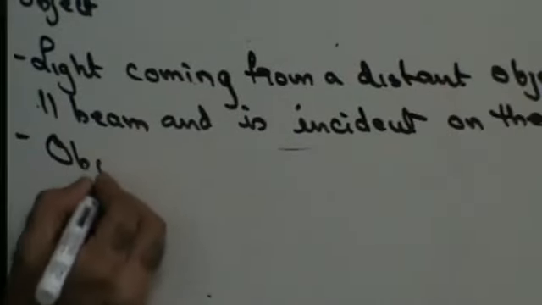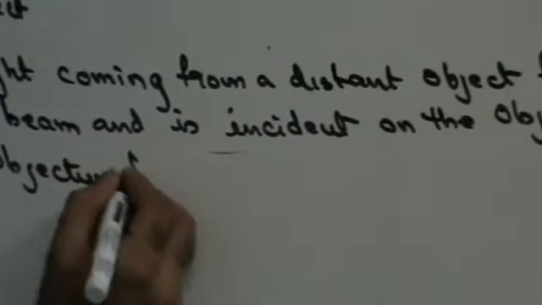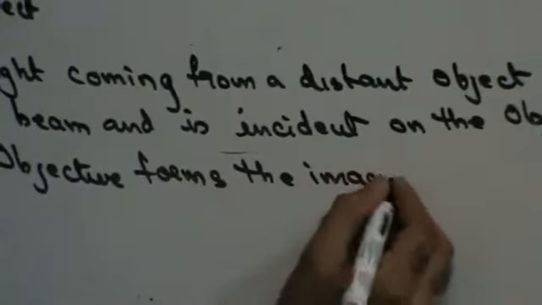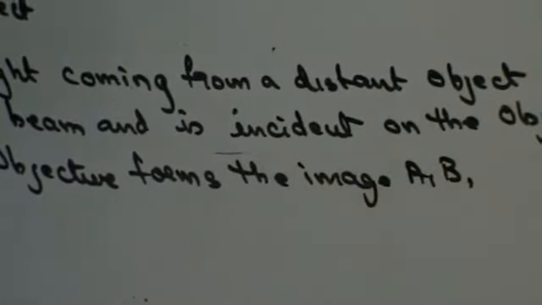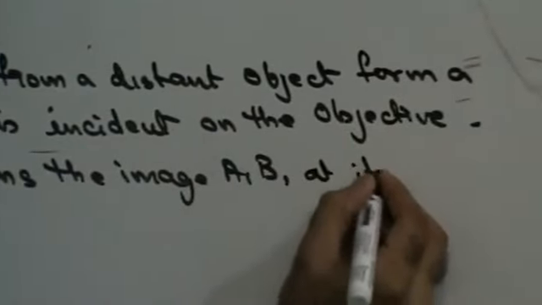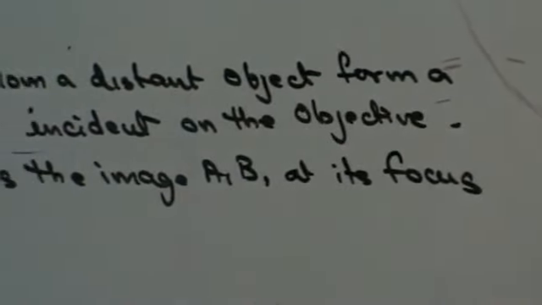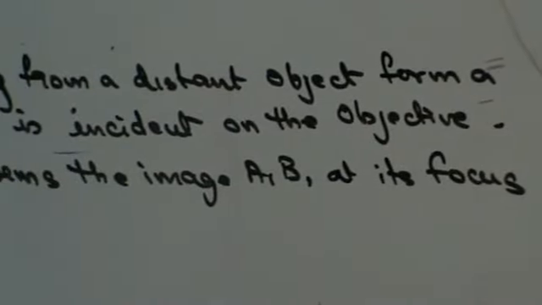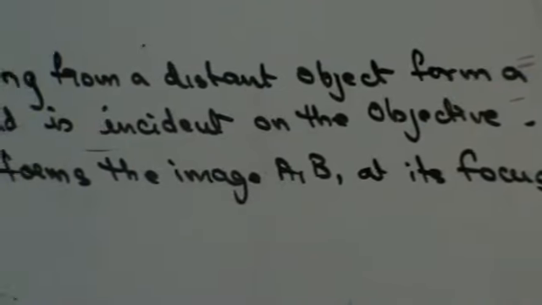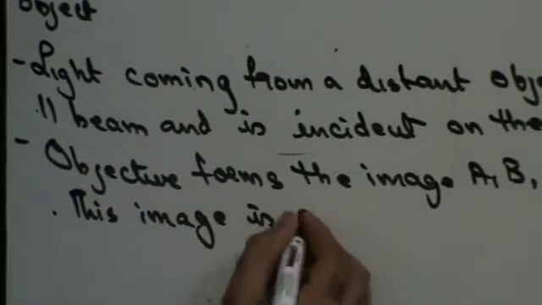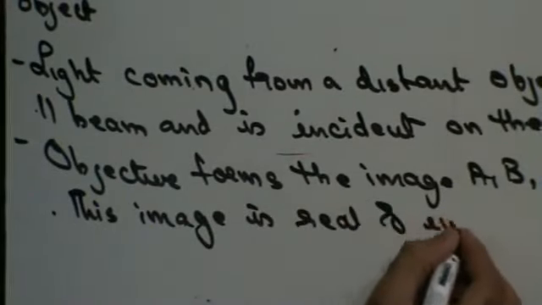Second, the objective forms the image A1, B1 at its focus. So light comes into the objective, forms the image. Then this image is real and inverted.